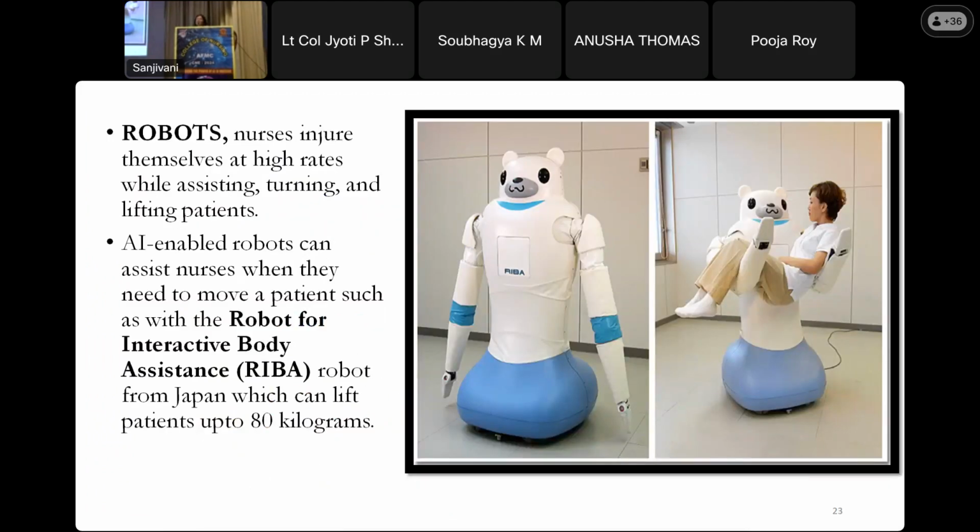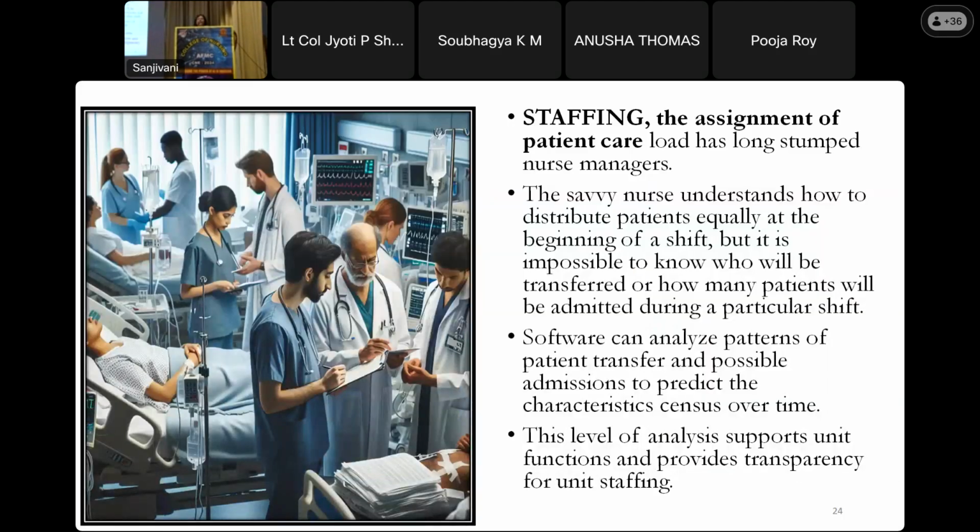Now, talking about this robot, he is the celebrity of today, because ever since the first speaker, we have been hearing about him. He has the capacity to lift a patient up to 80 kg in order to shift the patient. Apart from that, staffing assignment was also dealt with well, where a computer system plans the shift, and based on the number of patients, it gives how many nurses would work on the shift.